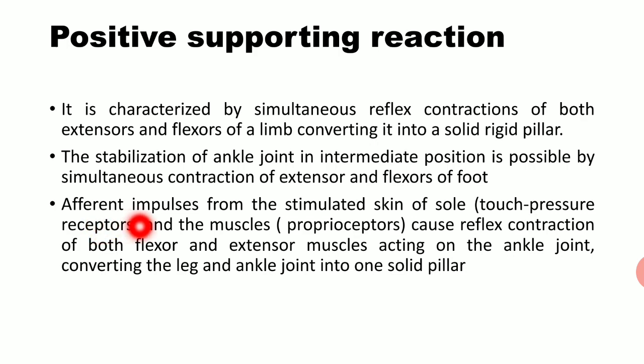Afferent impulses from the stimulated skin of the sole, the touch and pressure receptors, are stimulated, and from muscle the proprioceptors, muscle spindle, cause a reflex contraction of both flexor and extensor muscles acting on the ankle joint, and that's why it converts the leg and ankle joint into one solid pillar.